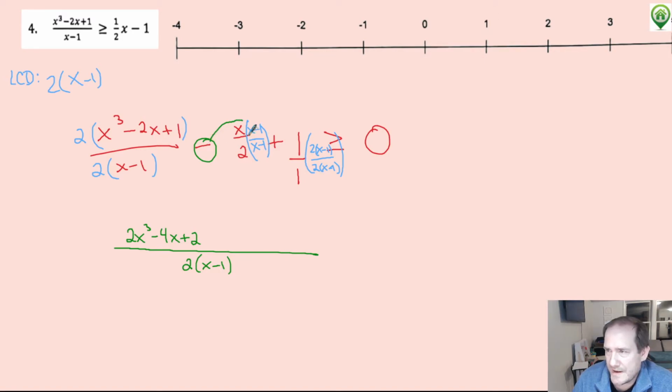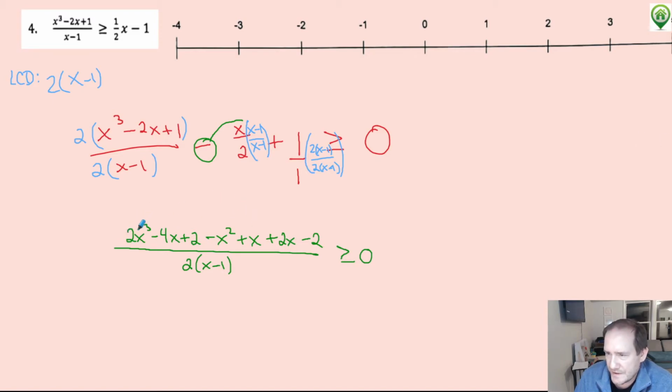But you'll get minus x squared plus x. And here you've got a plus, so just distribute the 2. You'll get plus 2x minus 2. So that's good. That's going to be greater than or equal to 0.